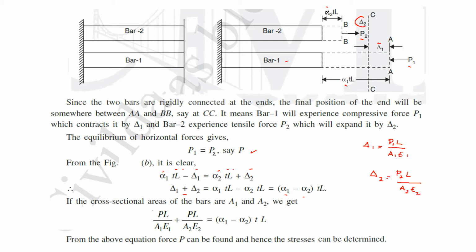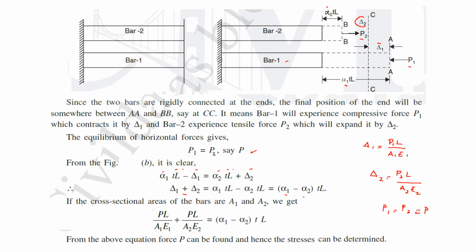So we can write, since we have already obtained that P1 is equal to P2 and represented that as P, PL divided by A1 E1 plus PL divided by A2 E2 is equal to alpha 1 minus alpha 2 into T into L. And from this, we can find out the temperature stresses in both materials.